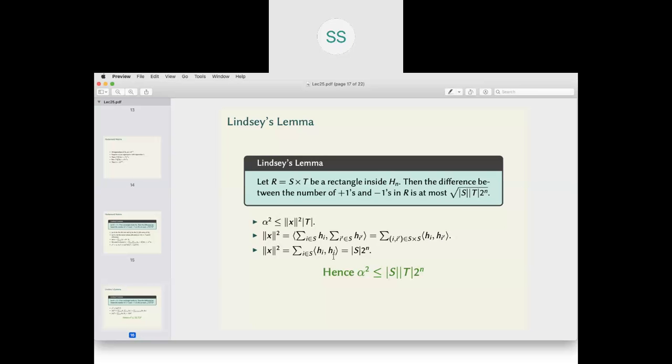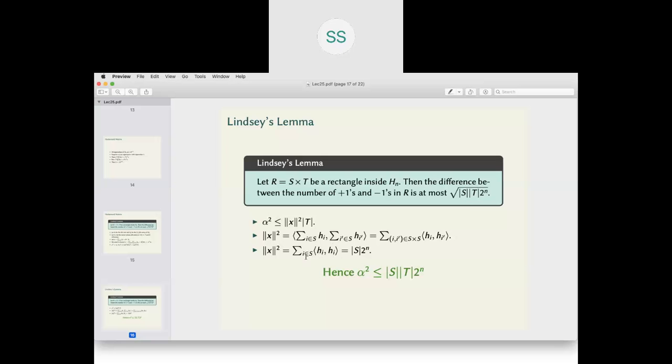And what is the inner product of Hi with itself? It's all the entries are plus or minus 1, and because it's the inner product with itself, all the minus 1s will also become positive because we are squaring each entry. So we get 2 power n as the inner product of Hi with itself.